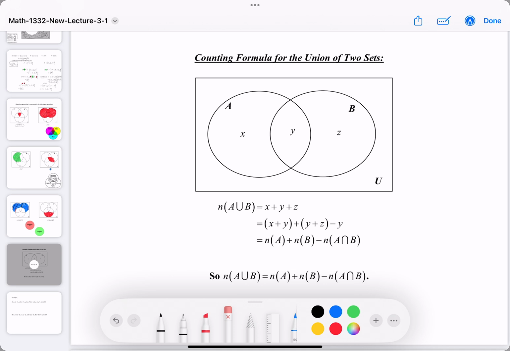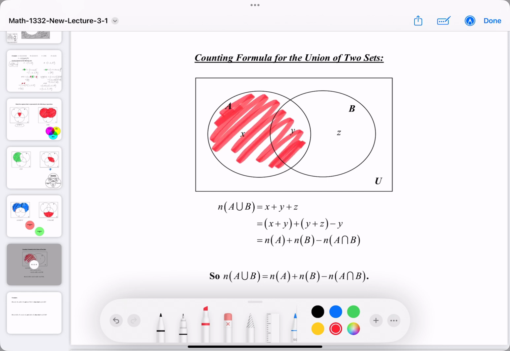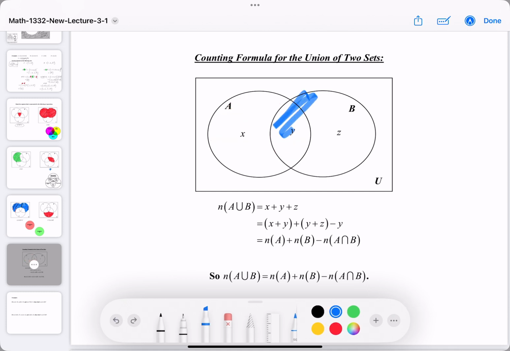Counting formula for the union of two sets. So if I have a set A, the area here, it has the elements x and y. And set B is the area here, including the elements y and z. X represents a number of elements.